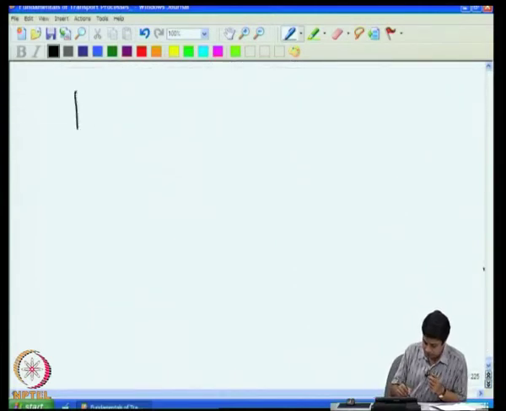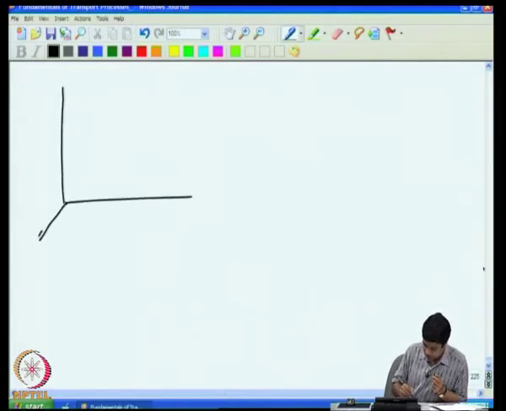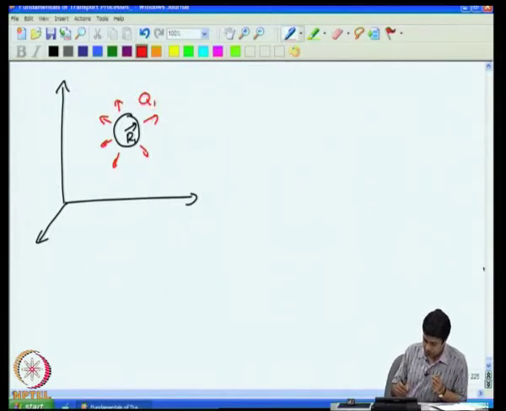If I had a problem where I had one particle of radius r1 with heat coming out, heat generated q1, and another particle somewhere else of radius r2 with the amount of heat coming out as q2.